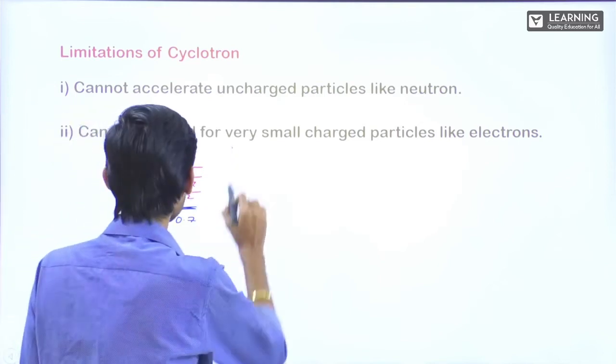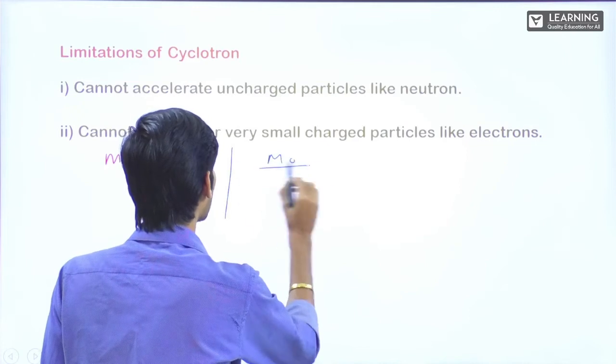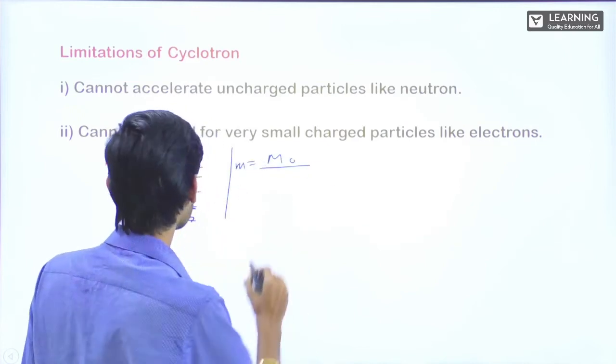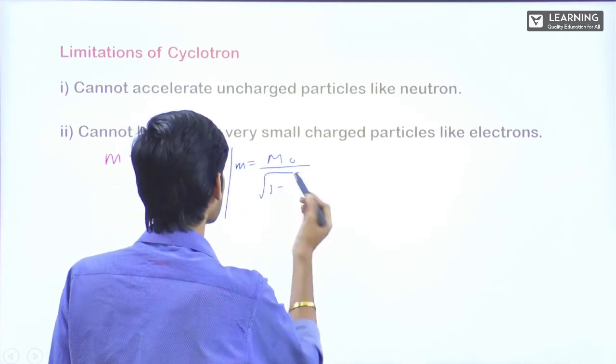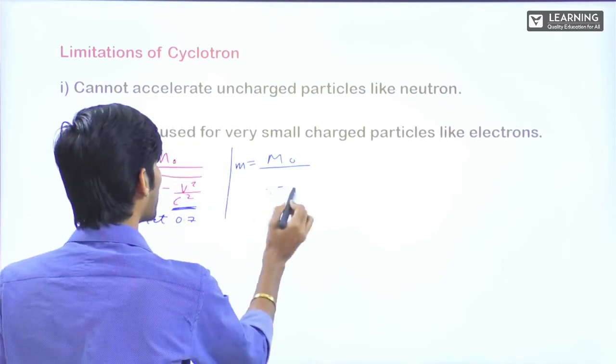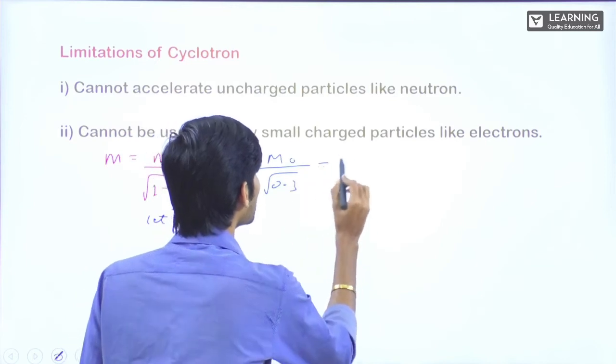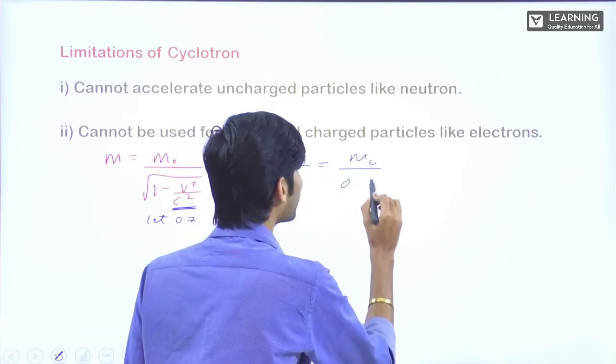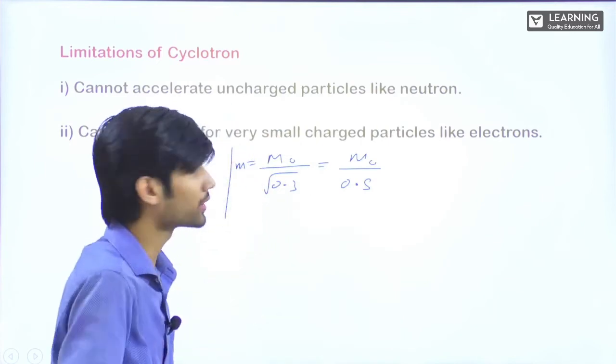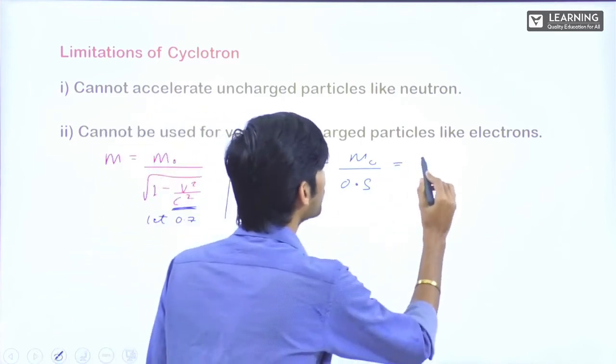So what will happen? m is equal to m naught upon under root 1 minus 0.7, that is 1 minus under root 0.3, that is equal to m naught upon 0.5 something, it comes around 2 m naught.